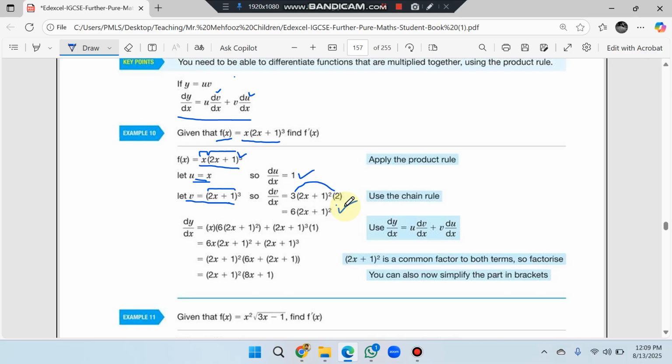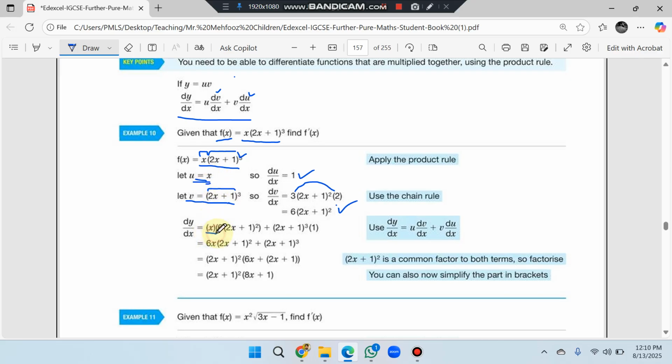Okay, so in product rule, you can see that we use the chain rule, we use the power rule, we have used all the previous rules. Okay, now you can see that we have the formula dy by dx is equals to u times dv by dx. What is u? That is x.